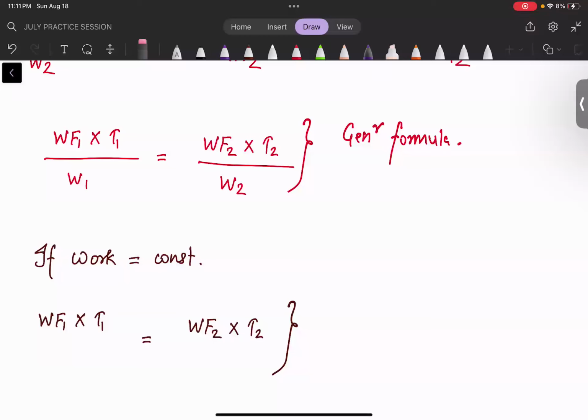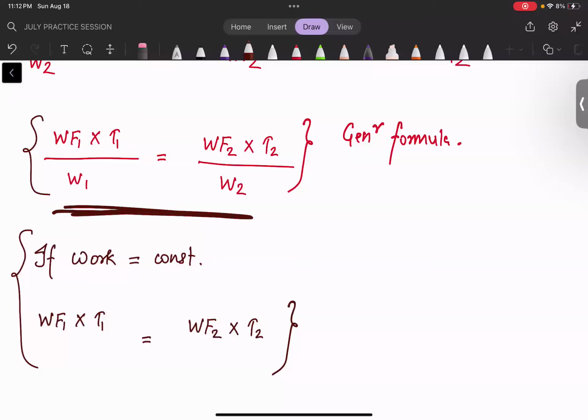Now, two situations you will observe. One situation in which nothing is constant. In most situations work is constant, and in few situations workforce is constant or time is constant. We will see that. But please do not forget the general formula. I normally say, please remember this formula, and if nothing is constant, apply this formula.